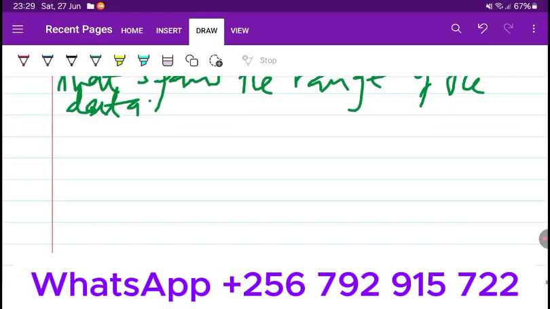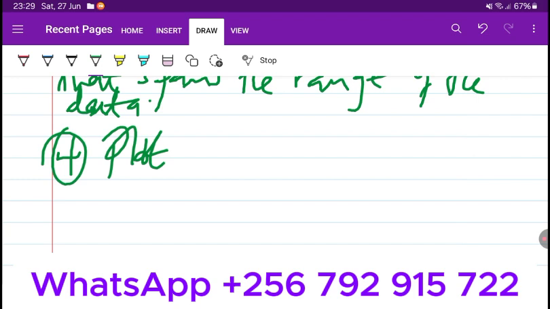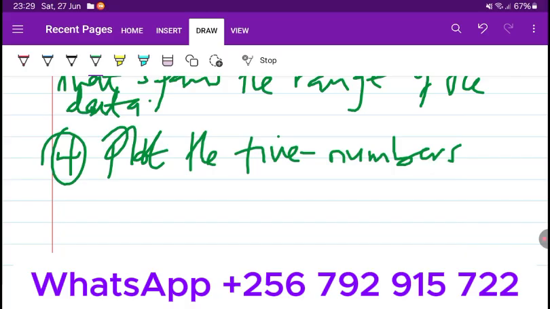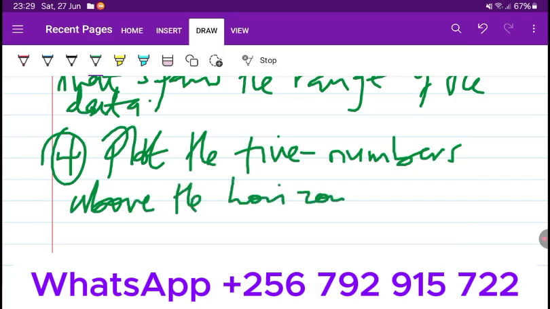Then number 4 is to plot the five number summary, the five numbers, above the horizontal scale.